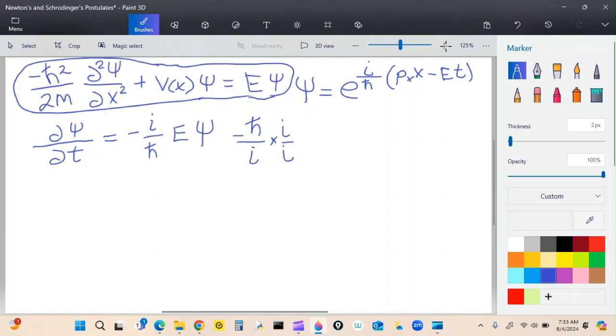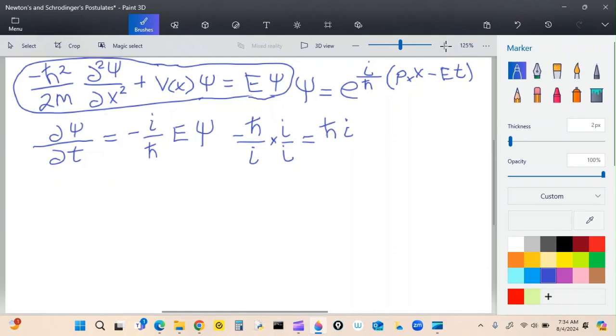That's going to give me negative 1 in the bottom, and that's going to give me negative 1, so that'll be a plus h bar i. Let's see if that works out. That would give me a plus h bar i.